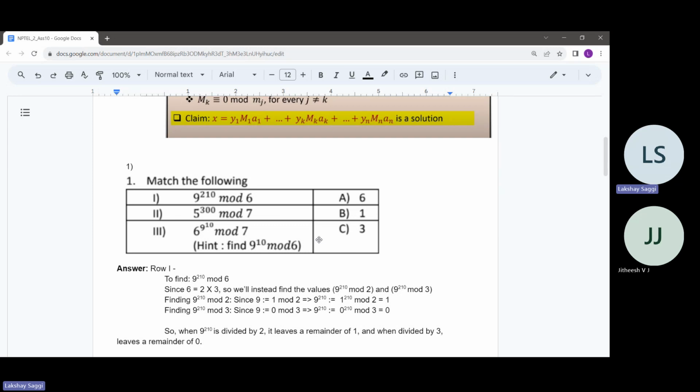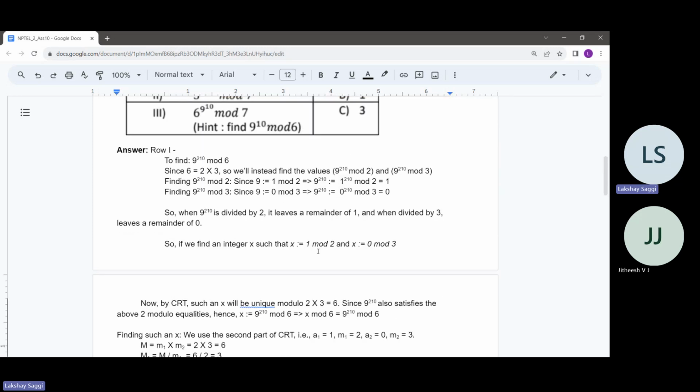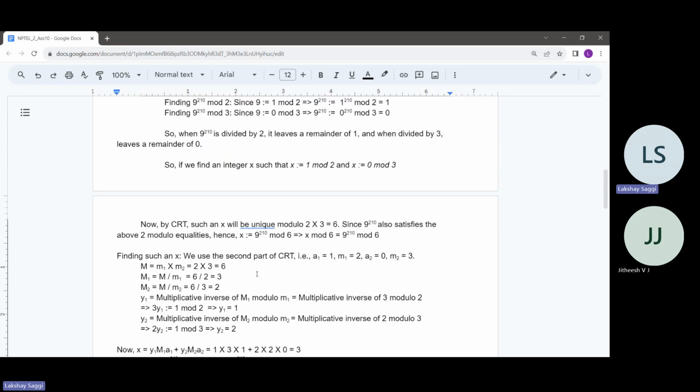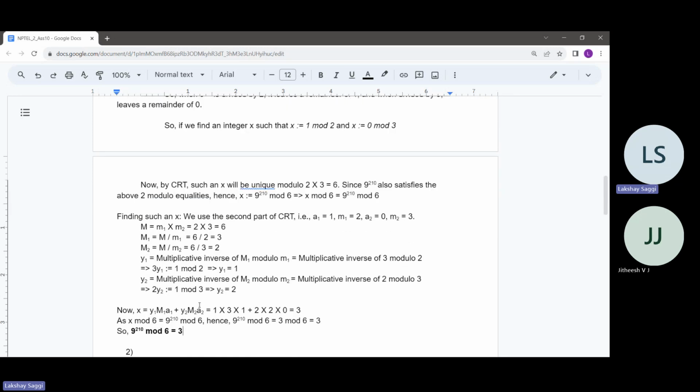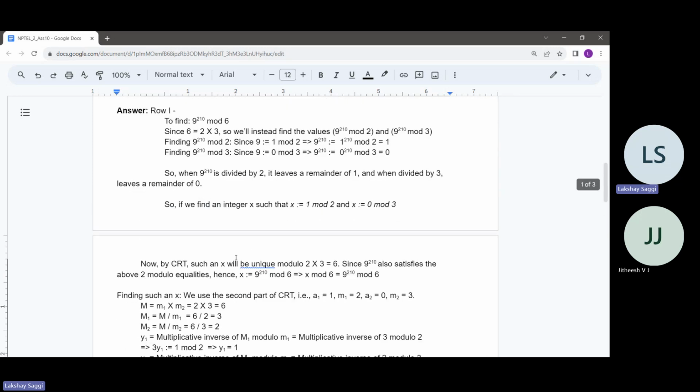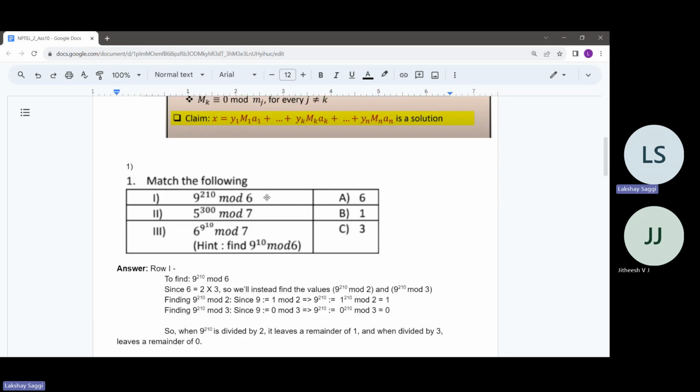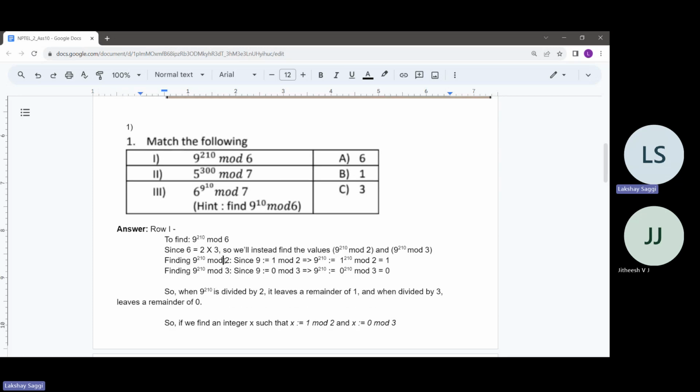So note that even though this may have looked like a long procedure, like we have found out this y1, m1, m2, and we applied the formula and reasoning and so on, the overall idea is very simple here. The overall idea is just find out the prime. If this is a composite number, then just find out its prime factorization. After finding its prime factorization, here we found 6 equals 2 times 3.